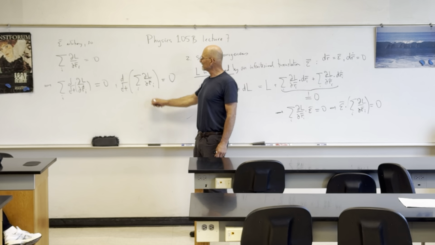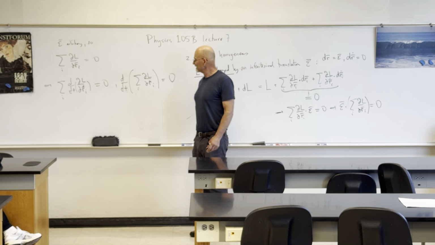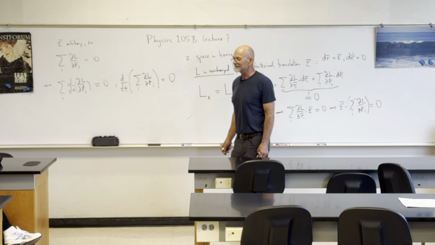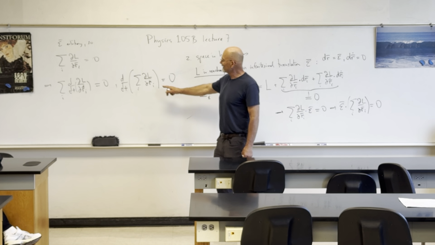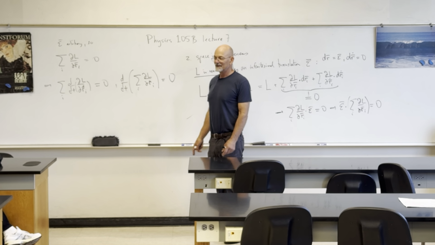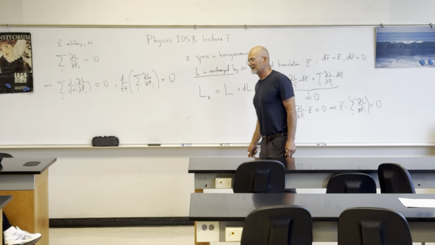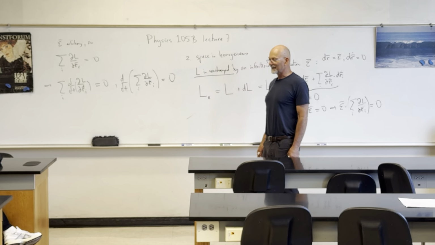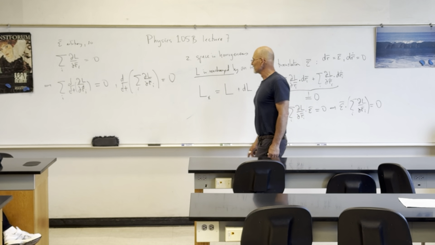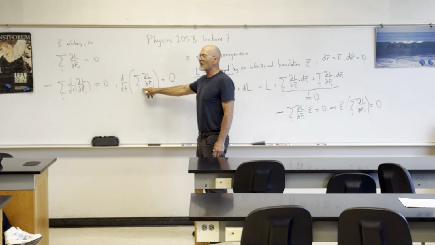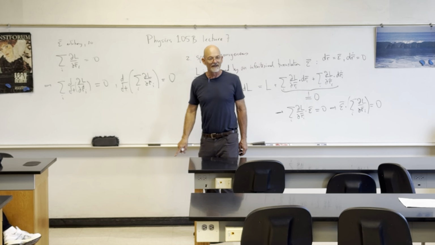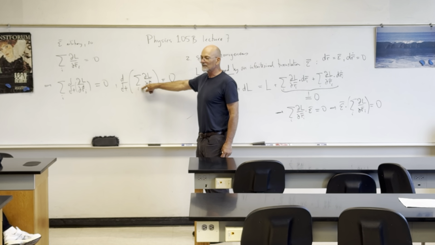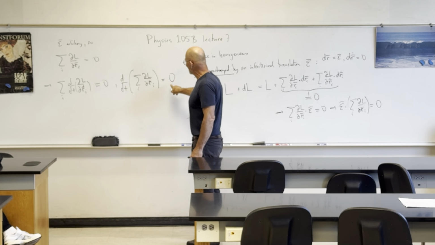So this is our conservation law. What do you think we're looking at? Now remember what partial L partial r_i dot was. Cartesian coordinates. We're doing Cartesian coordinates right here. Yep, linear momentum. So this is the sum of all the individual linear momenta. So for the system, the sum of the linear momenta is constant.